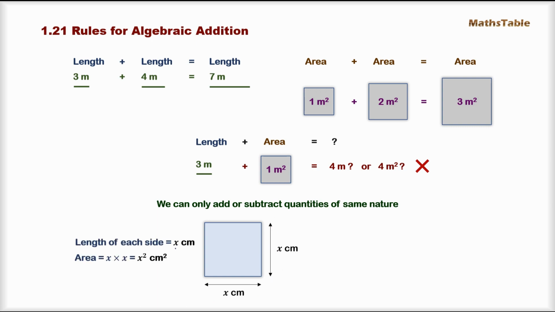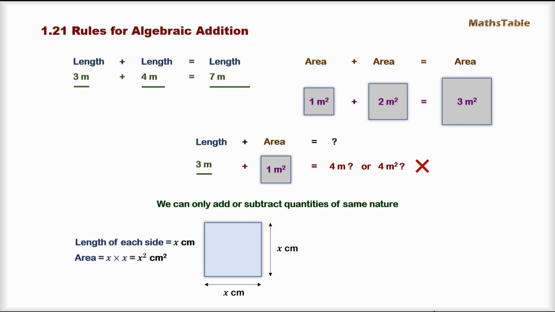Since x represents the length of each side, the area of this square will be equal to the product of the length and width, which gives us x square centimeter square. Now here we can see that x and x square are two different variables, and we have concluded that we cannot add two different quantities to one another.